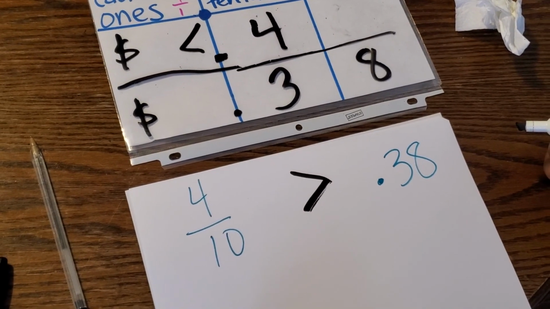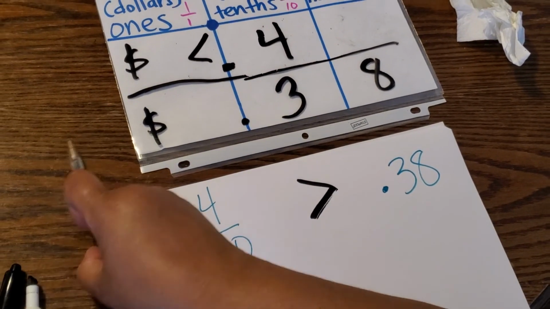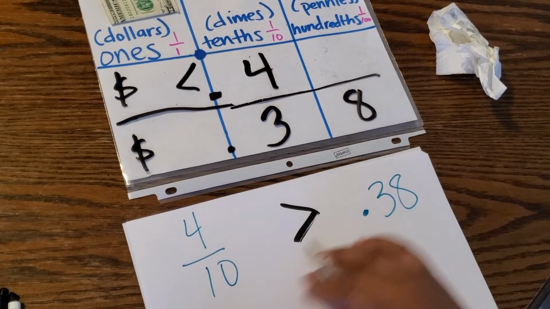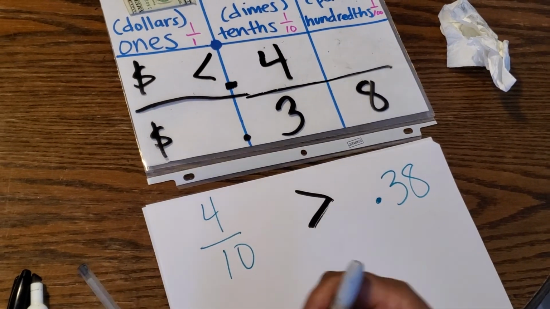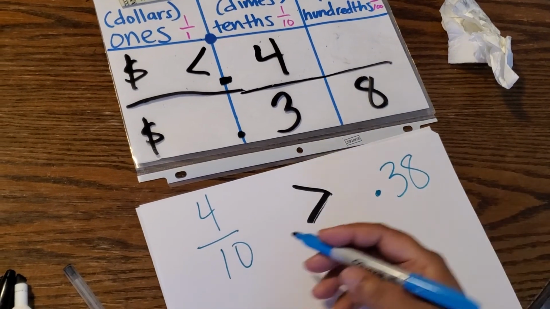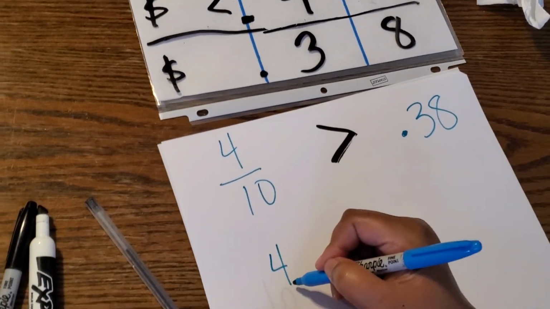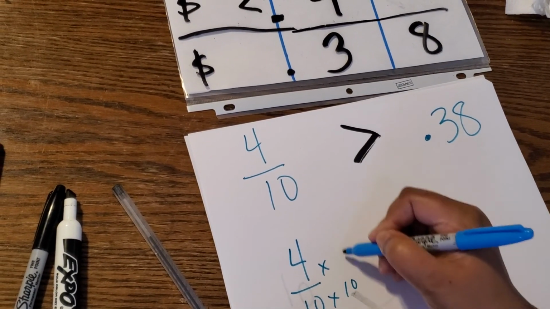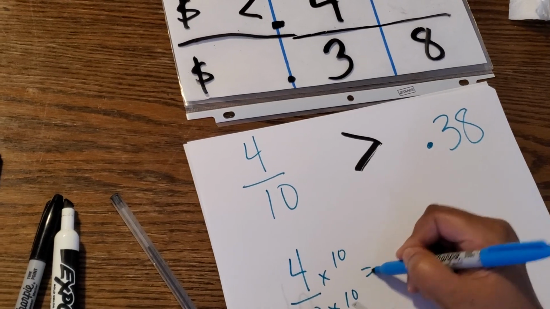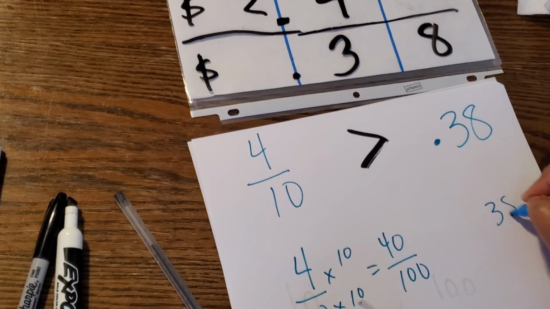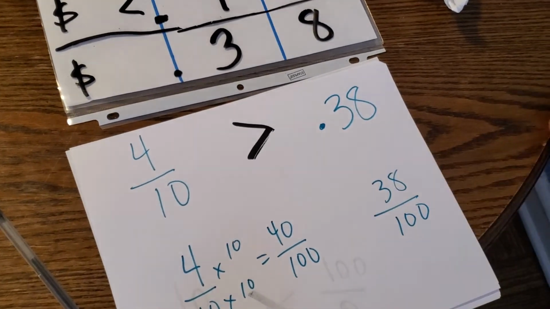Okay? Or if you wanted to make both values into fractions, you could do that. You could make 4/10 into 40/100 and then make 38/100 into a fraction, which looks like that.